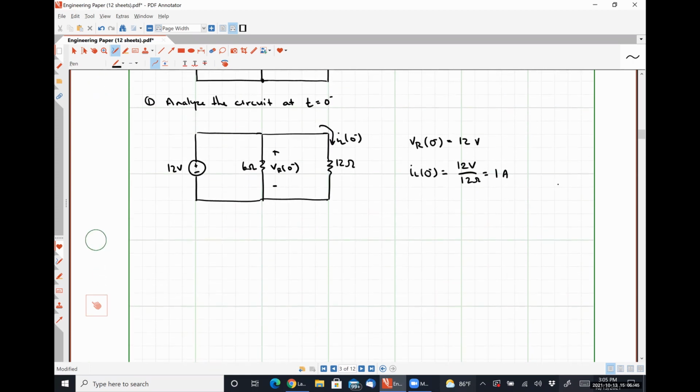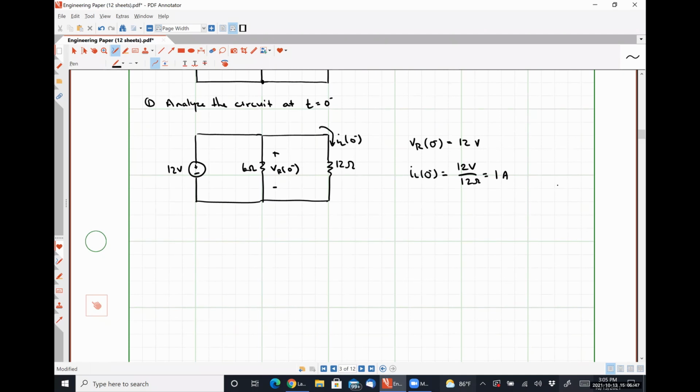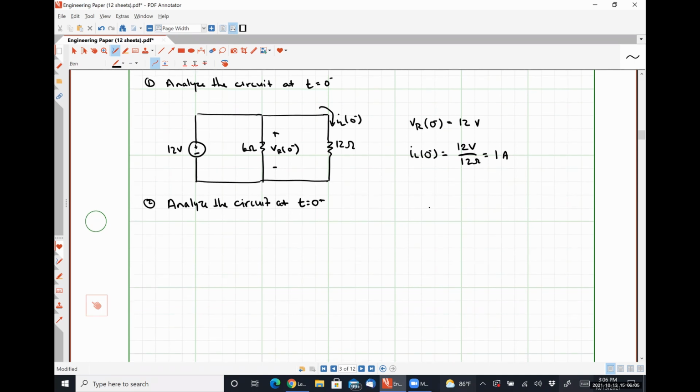Now we are going to analyze the circuit at t equals 0 plus. So we are going to have our 12-volt source and an open circuit because our switch is open now.